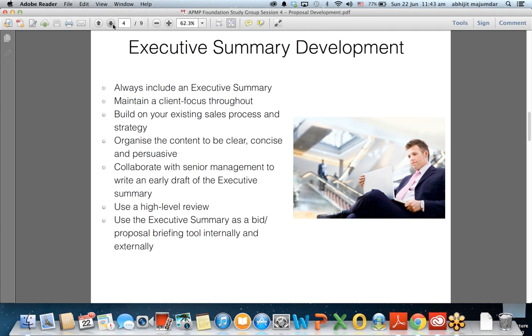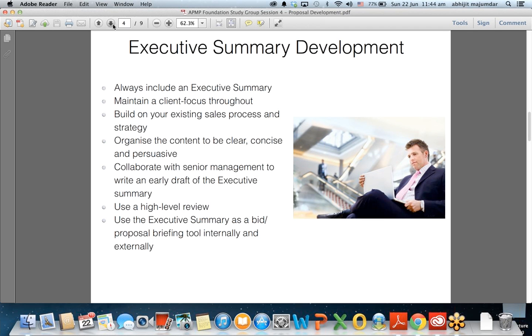So you need to have a very high level review so that all of you are in sync. It should not be that sales has positioned the organization as a very business savvy organization, and your proposal becomes a very technology savvy thing. Now these two become a mismatch, and the customer gets confused, or may say that they themselves don't know what exactly they are.